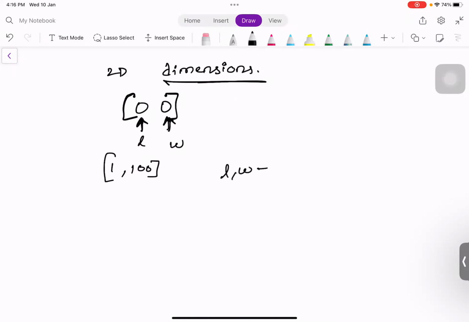Length and width are in the range of 1 to 100. With these constraints, we need to find the maximum area of the rectangle with the longest diagonal.